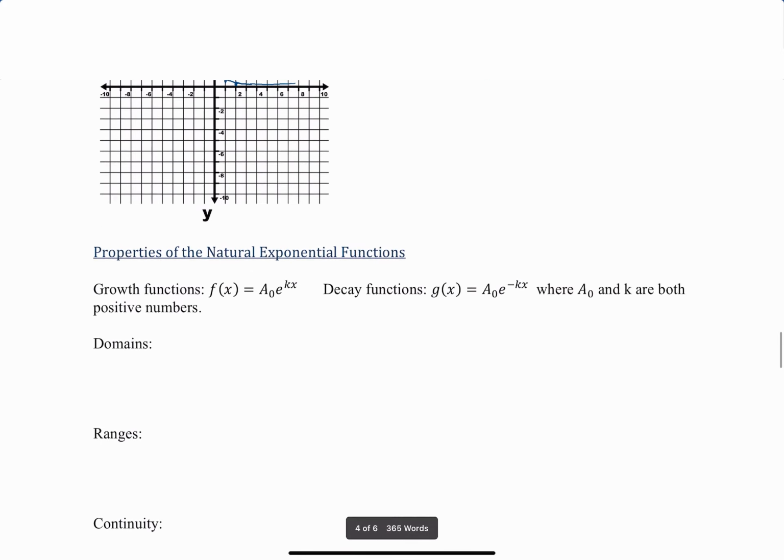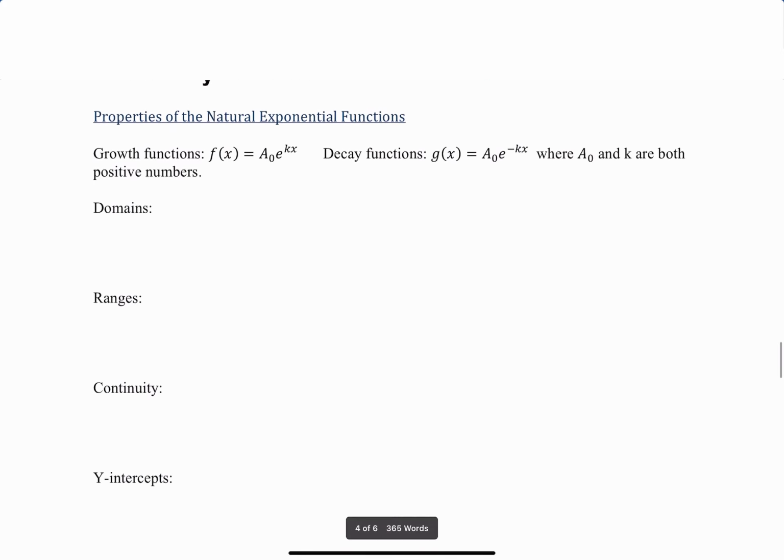So what are the properties of natural exponential functions? We're going to be a little more general than just saying y equals e to the x. We're going to allow ourselves to have a coefficient in front of the exponential, and we also want to be able to take into account what if there is a coefficient inside the exponent multiplying the x.